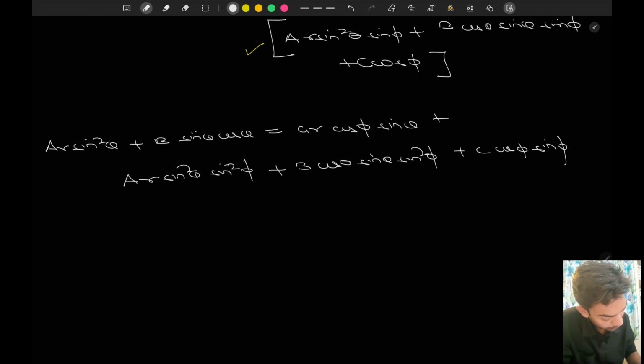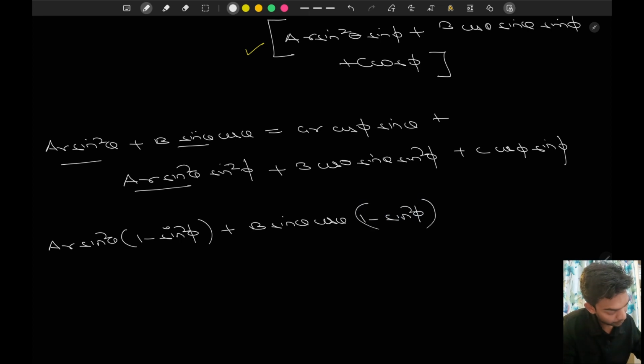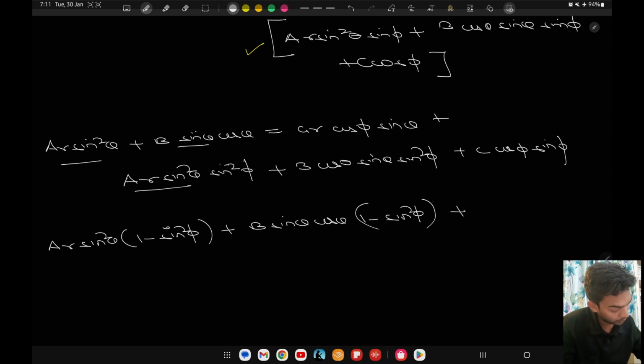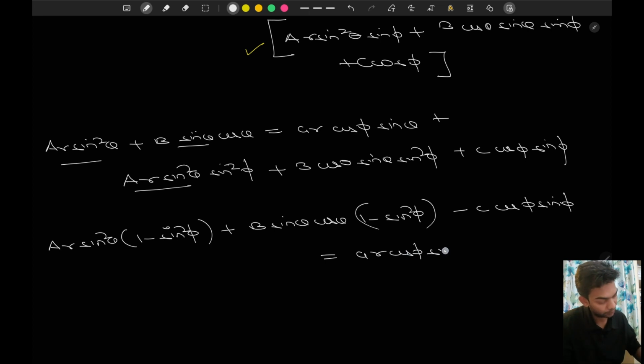So let me take this term to this side. So we have AR sine square theta as common, 1 minus sine square phi, plus B, from this term you can take B sine theta cos theta common, and again you have 1 minus sine square phi, or rather minus, C cos phi sine phi is equal to AR cos phi sine theta, right?